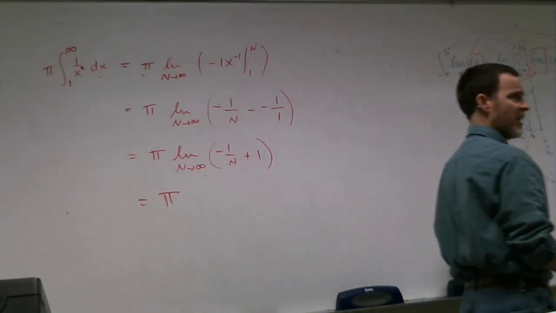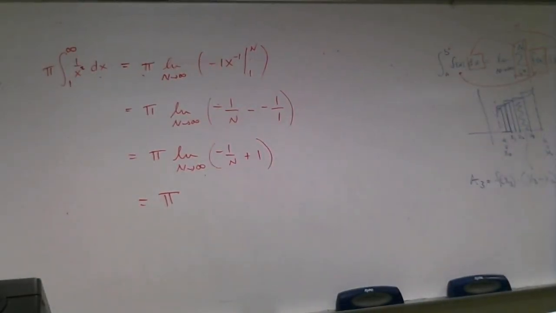Now that's surprising. The volume in here is pi, right? According to what I did, unless I made a mistake, the volume in there is pi. On the other hand, if I slice this thing all the way down the middle, the area of that slice is infinite.